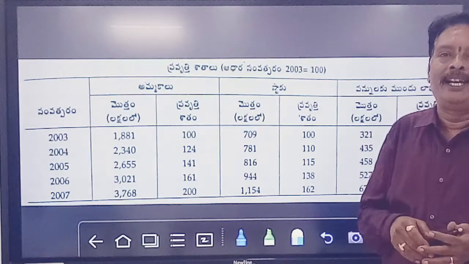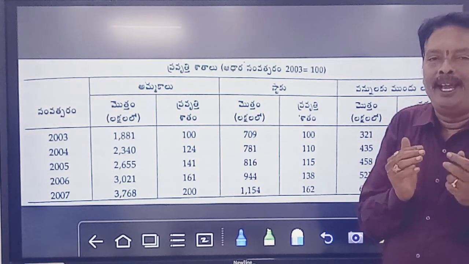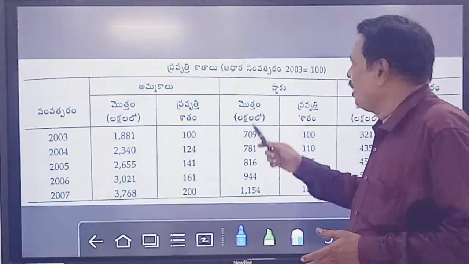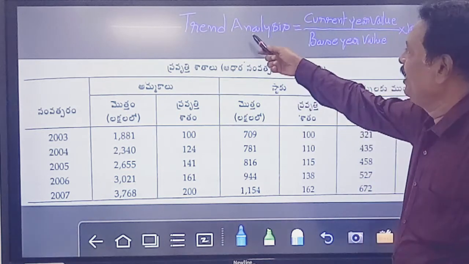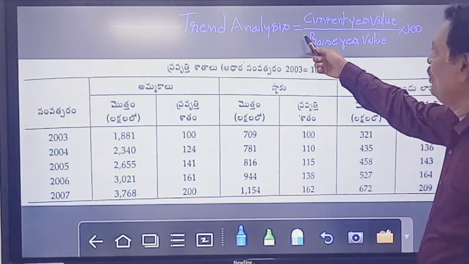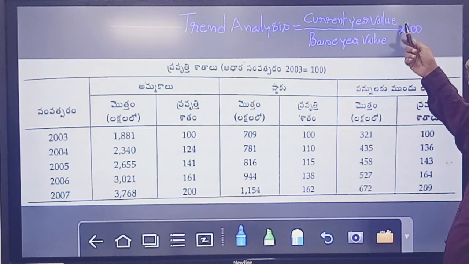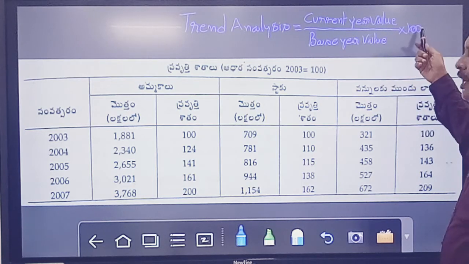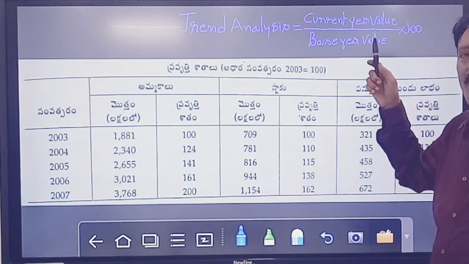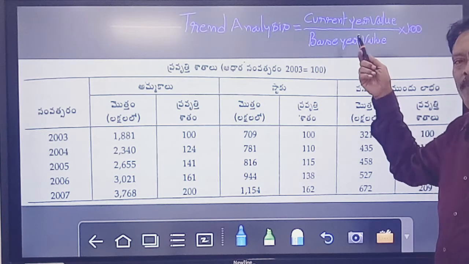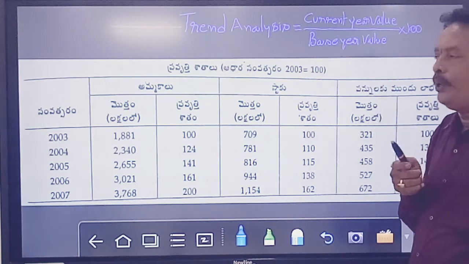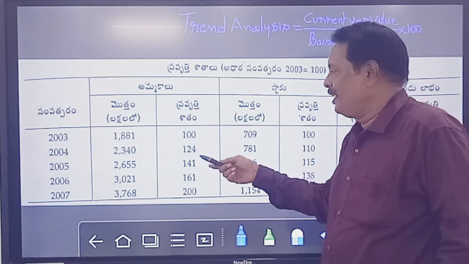How to calculate? By applying this formula. Here I am writing: trend analysis is equal to current year value by base year value into 100. This is the formula. By applying this formula, the student has to calculate these percentages.